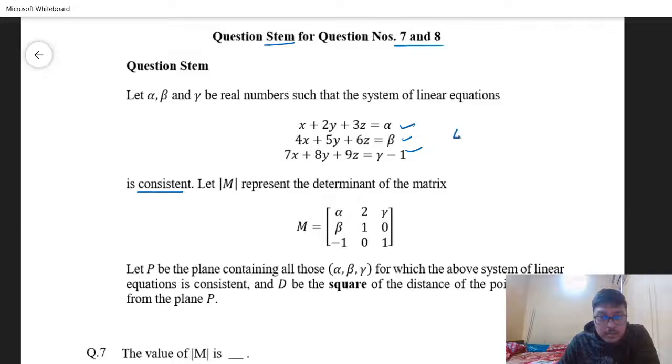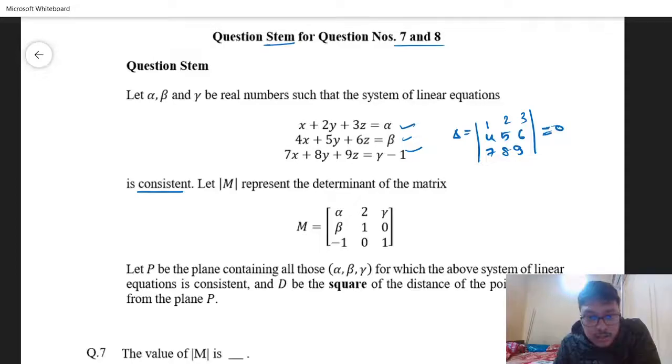We can see that delta, 1, 2, 3, 4, 5, 6, 7, 8, 9, is 0, and delta 1 for consistency. If delta equals 0, then all the three deltas must be 0.